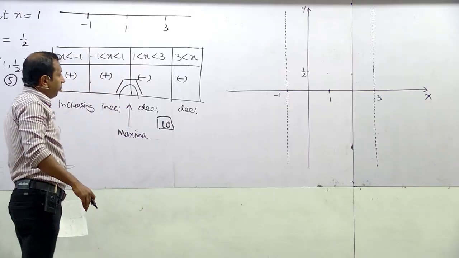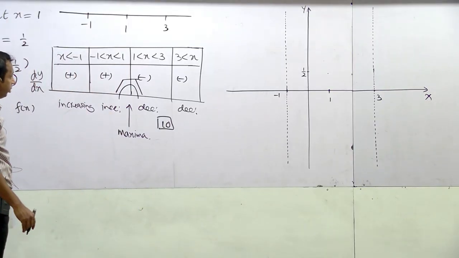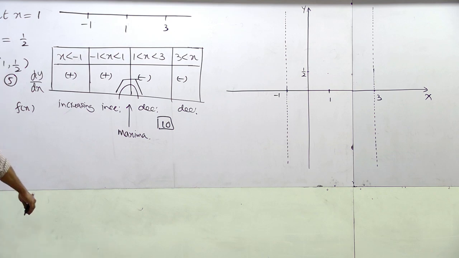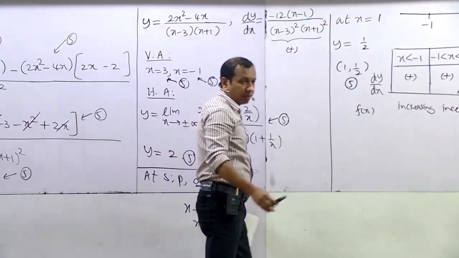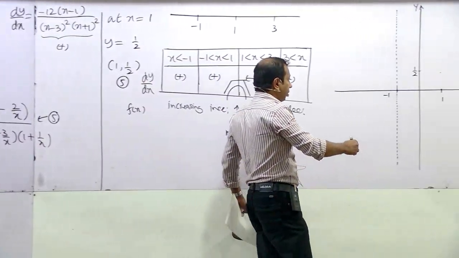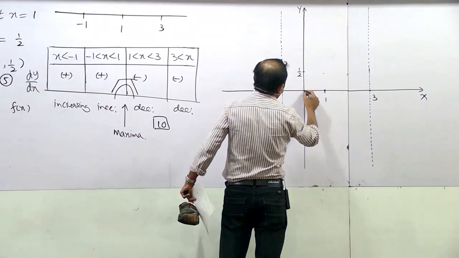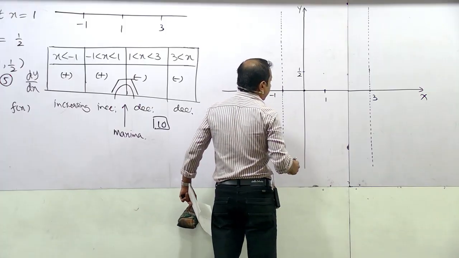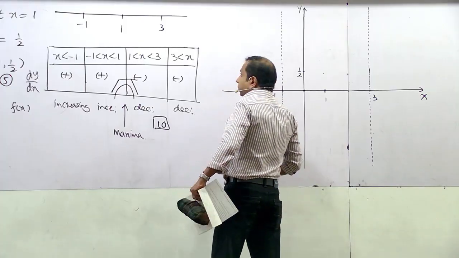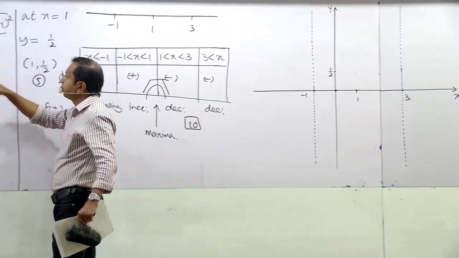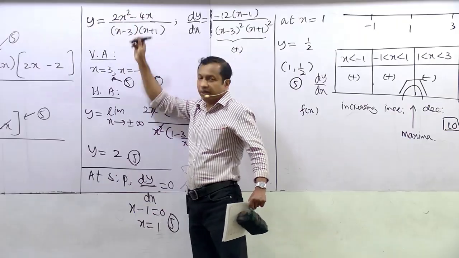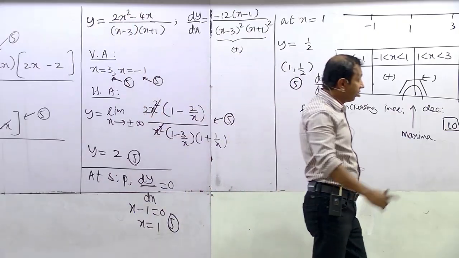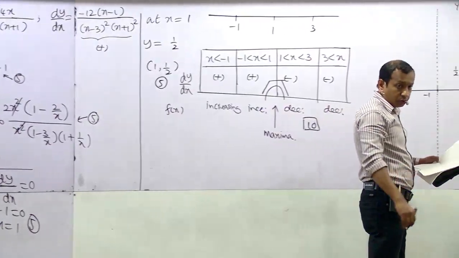Right, now the graph. When you put x equals 0 here, y is 0, that means graph passes through the origin. And also, when you put x equals 2, 2 squared is 4, 8 minus 8, divided by the denominator, 0. It cuts the x-axis at 2 also.